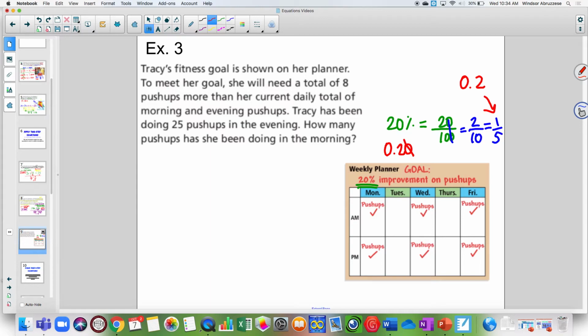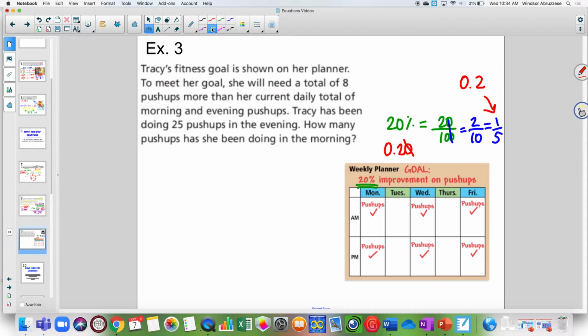Tracy's fitness goal is shown on her planner. To meet her goal, she will need a total of 8 push-ups more than her current daily total of morning and evening push-ups. Tracy has been doing 25 push-ups in the evening. How many push-ups has she been doing in the morning? Okay, let's go back and read it through again.